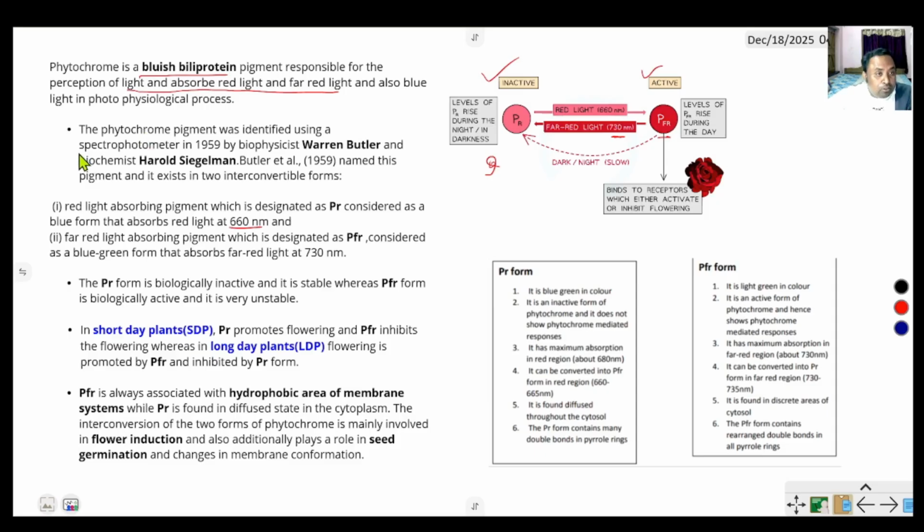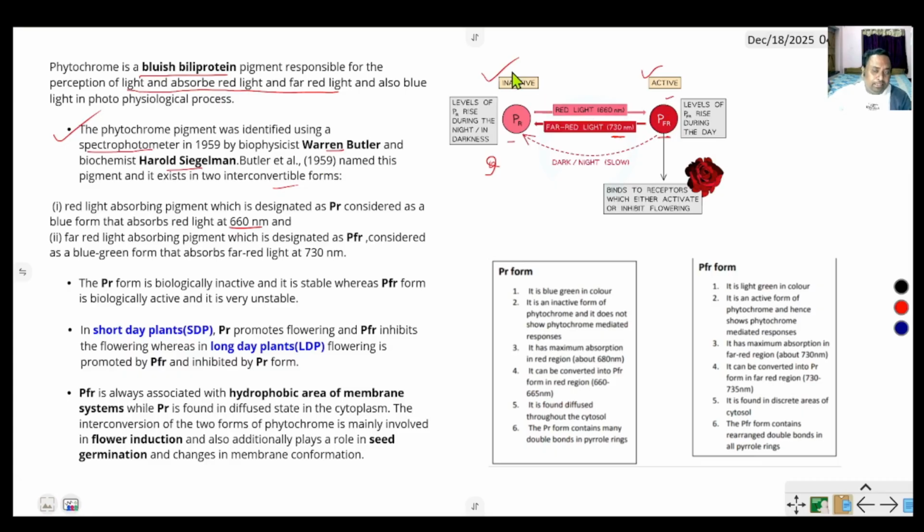So who discovered phytochrome? The phytochrome pigment was identified by spectrophotometer in 1959 by biophysicist Warren Butler and Harold Siegelman. Butler also named this pigment, and he said that there are two interconvertible forms of phytochrome, the PR form and the PFR form.